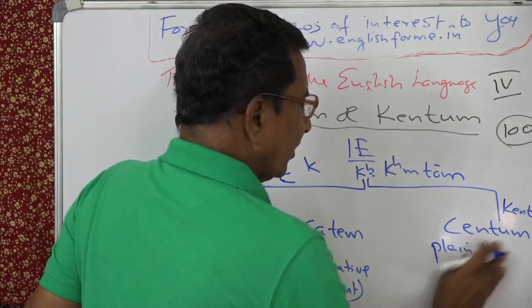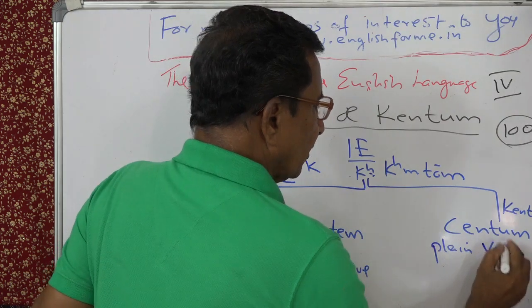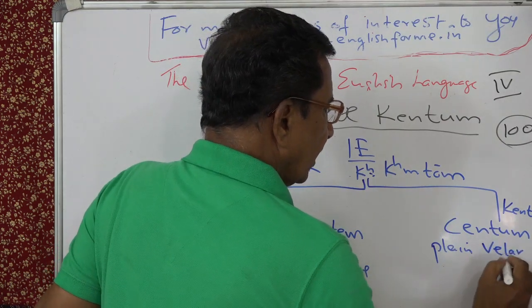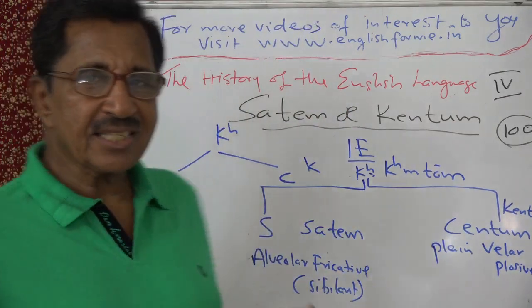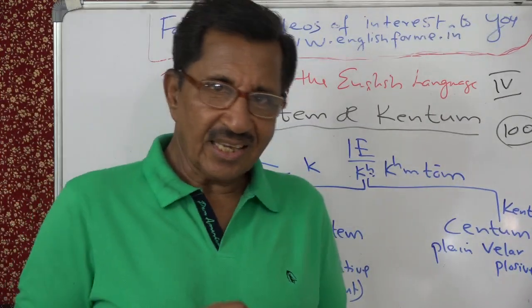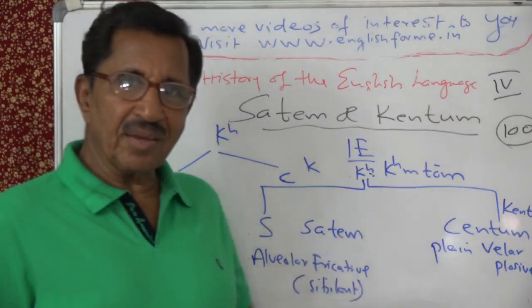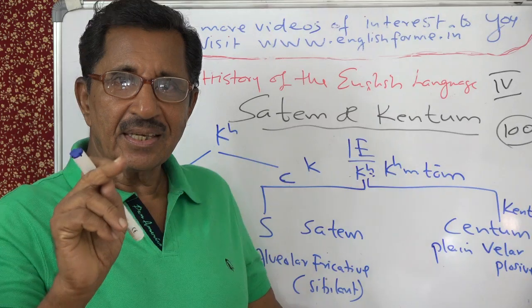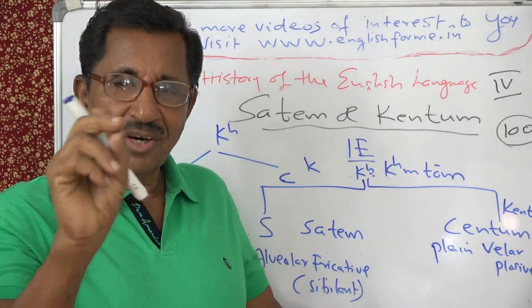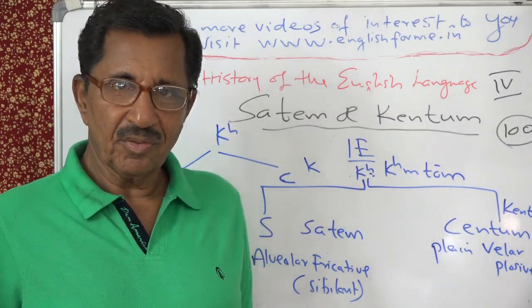What plosive? Velar plosive. K. Plain sound. See, how do we know this? That it became, because Latin 100 means the word for 100 is kendu.